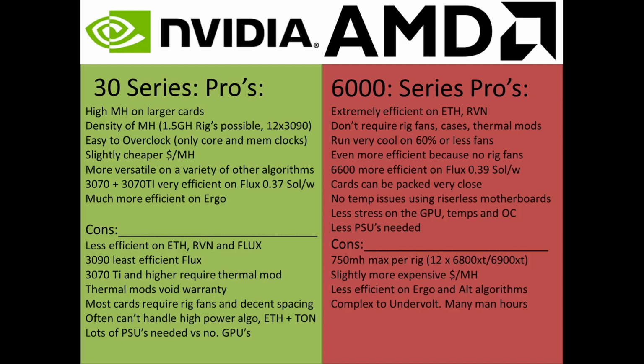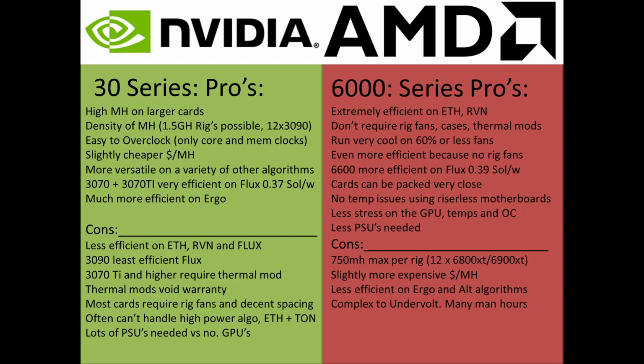But yeah, these AMD cards, if you undervolt them properly, which I have videos on undervolting them for most of the 6000 series cards, then barely gets hot at all on Raven. And yeah, there's less stress on the GPU, and the other factor is the overclocks. So with 30 series, you push the memory clock as high as it can possibly go because it just keeps increasing the mega hash.